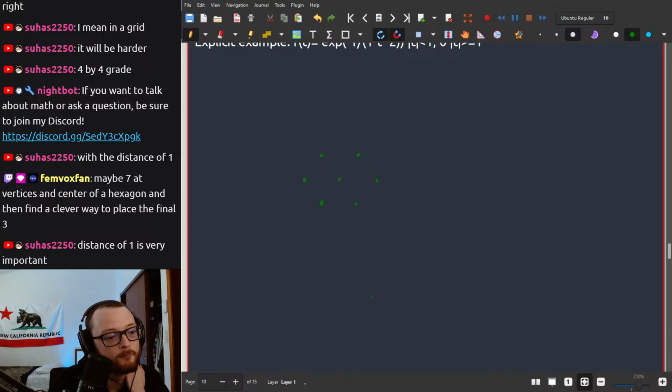I guess the first question is, should they be inside the hexagon or outside the hexagon? If these are all length 1, what are the diagonals? They're isosceles triangles. The diagonals are longer than 1, right?